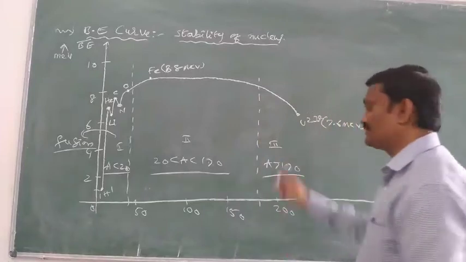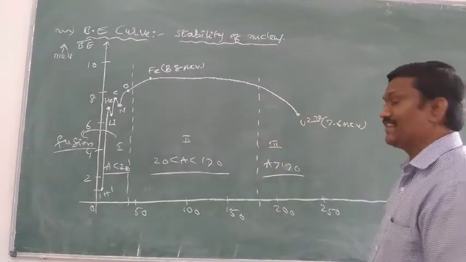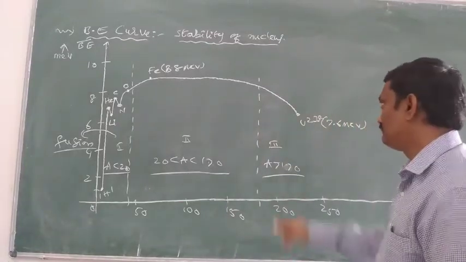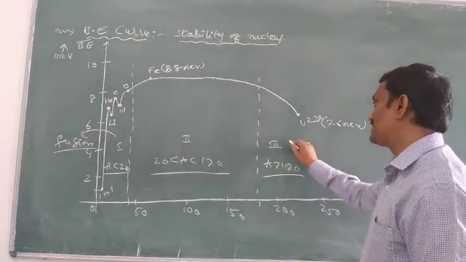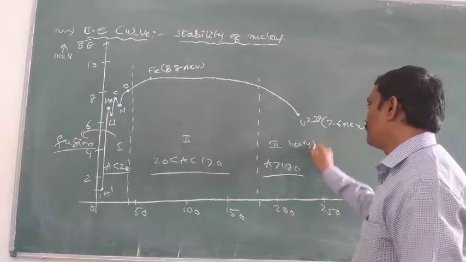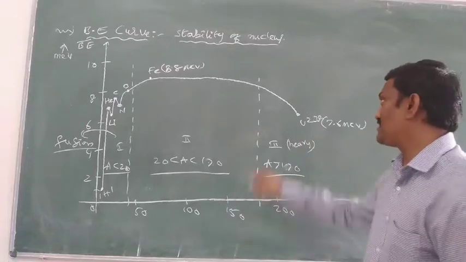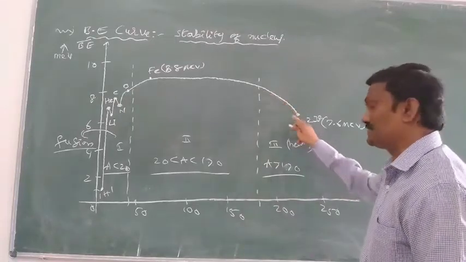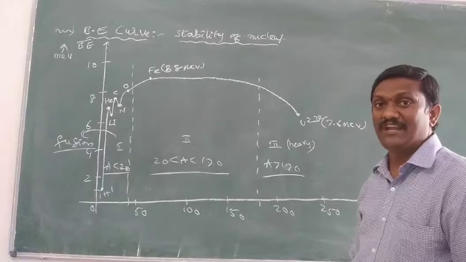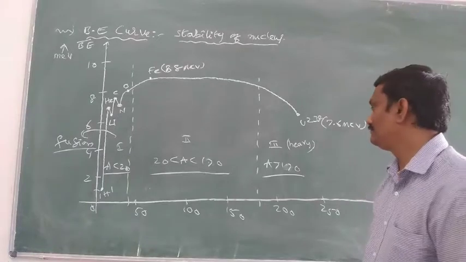Next, the third part, mass number greater than 170. Mass number greater than 170 means heavy elements. In the case of heavy elements also, average binding energy gradually decreases. So heavy elements are also unstable.